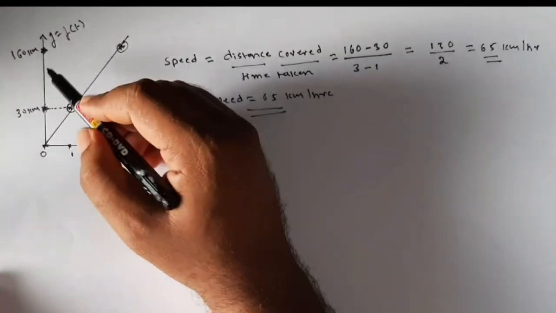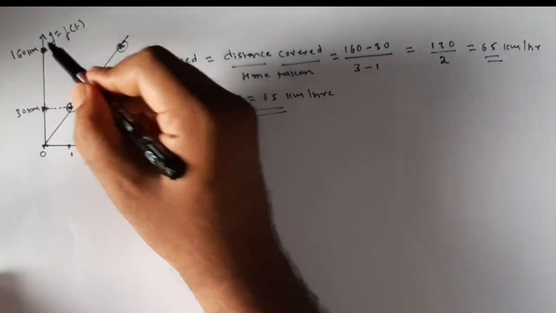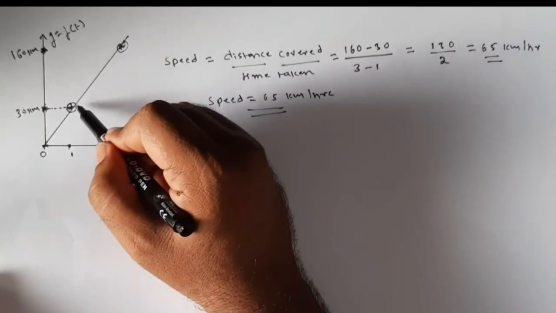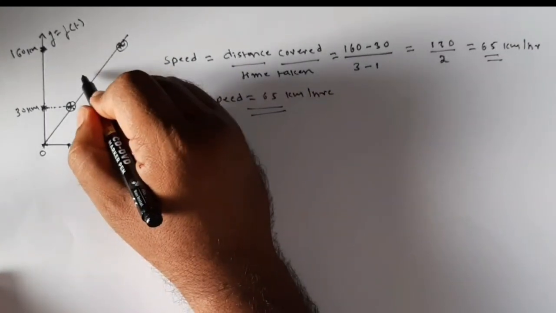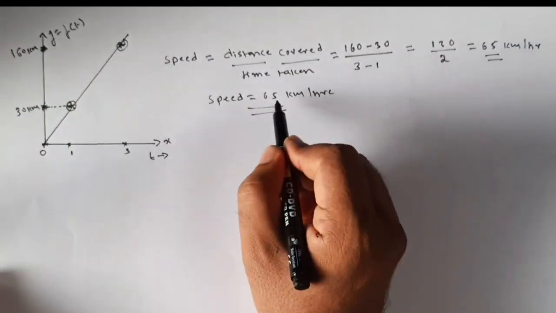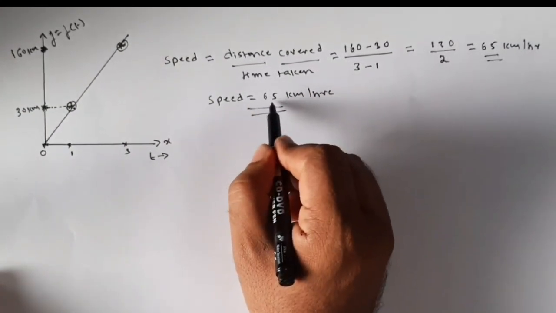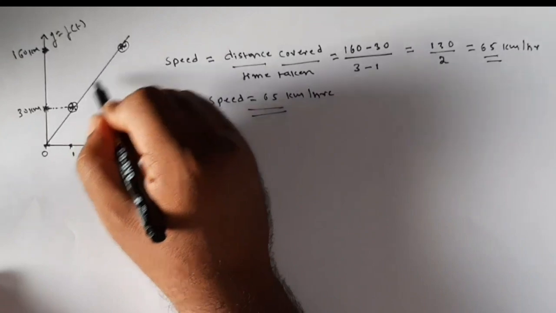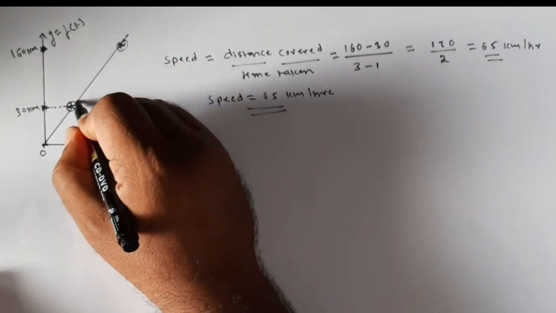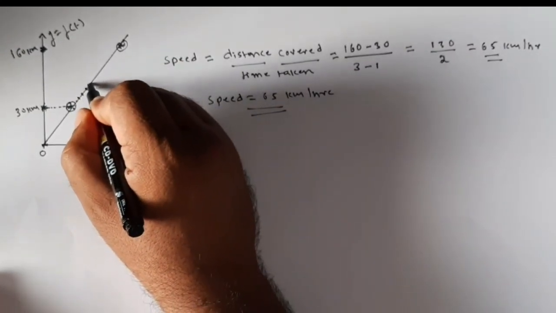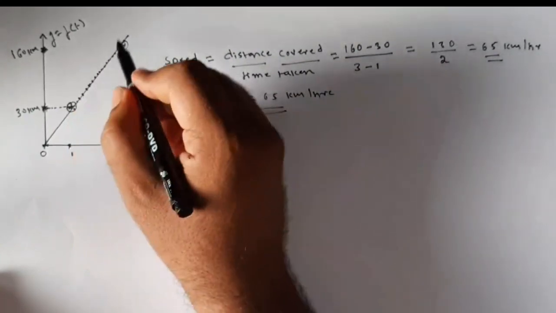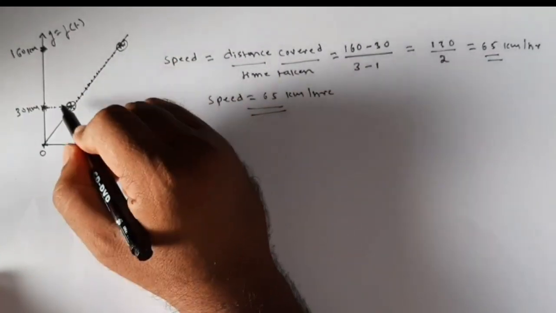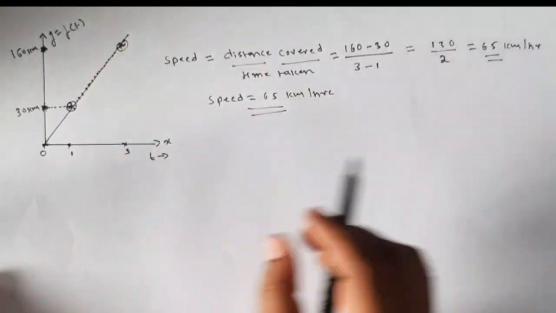So it means to cover this distance from here to here in exactly 2 hours, you have to maintain the car speed of 65 kilometer per hour. You have to maintain a constant speed of 65 kilometer per hour from here to here. Then only will you reach this position from this position in exactly 2 hours.